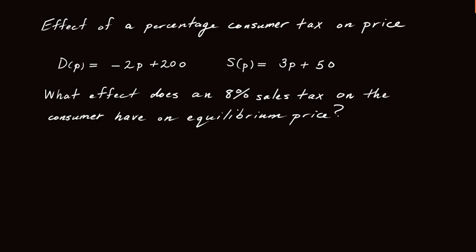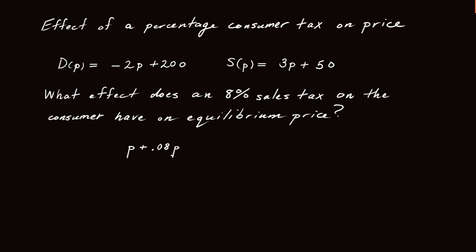Okay, so what happens to the consumer? Instead of thinking of paying a price of P, he's now paying a sales tax, and the sales tax is a percentage of the price he's paying. So for example, if the price is $1, then he pays 8 cents more.